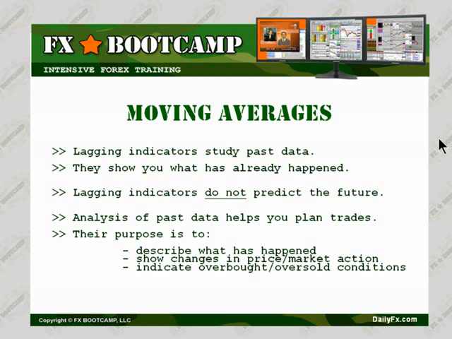So what we're going to do is look at the moving averages, see how they described what has happened. We're going to be able to then differentiate the difference between price action and market action, which is really, really important.